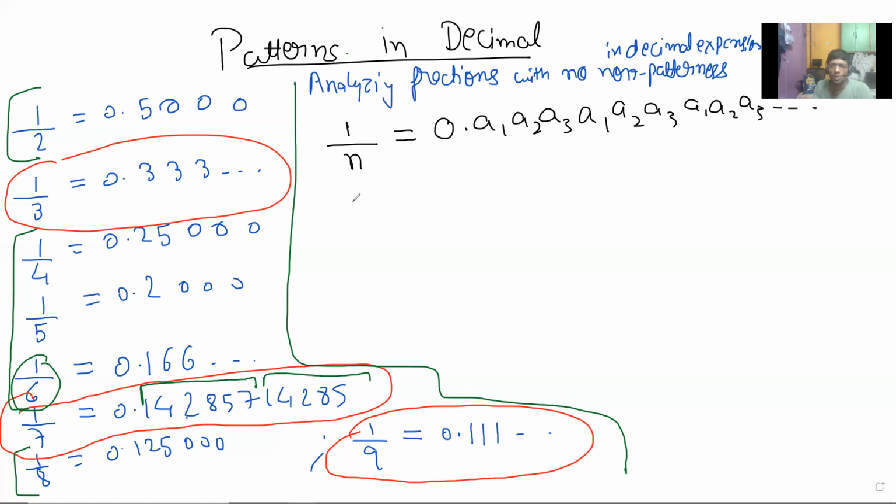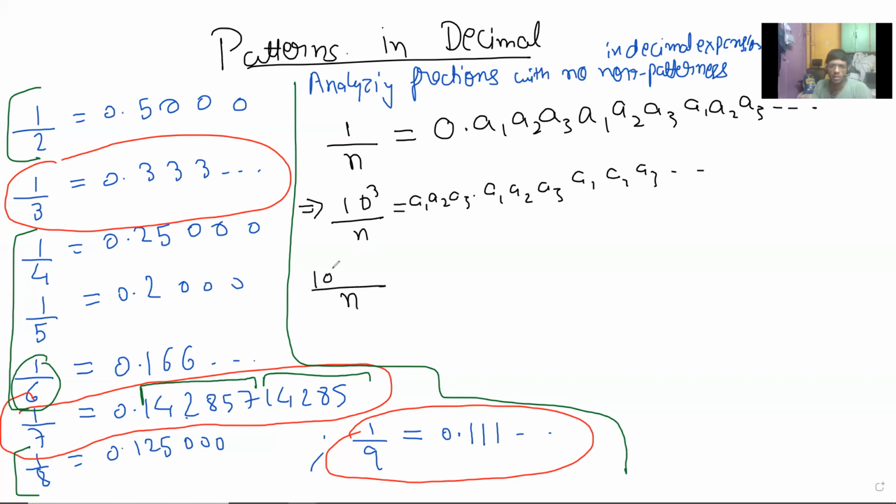So how do we go? We'll follow the same trick: multiply by 10 cube and subtract it from the number. That's the meaning of having a recurring pattern. Then you subtract this, right? So what does it mean?